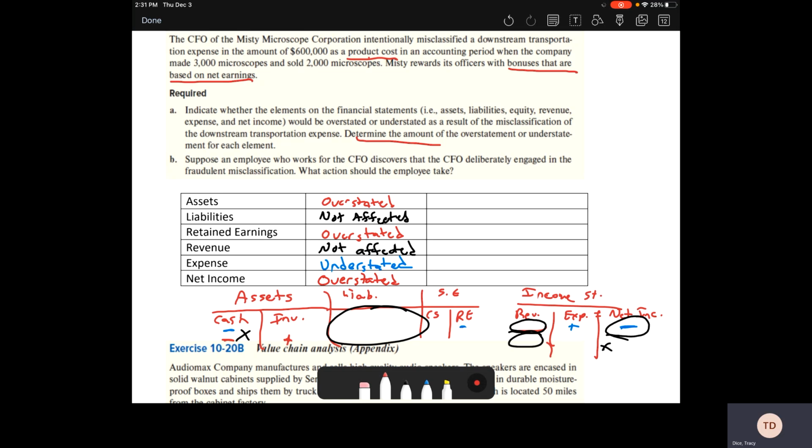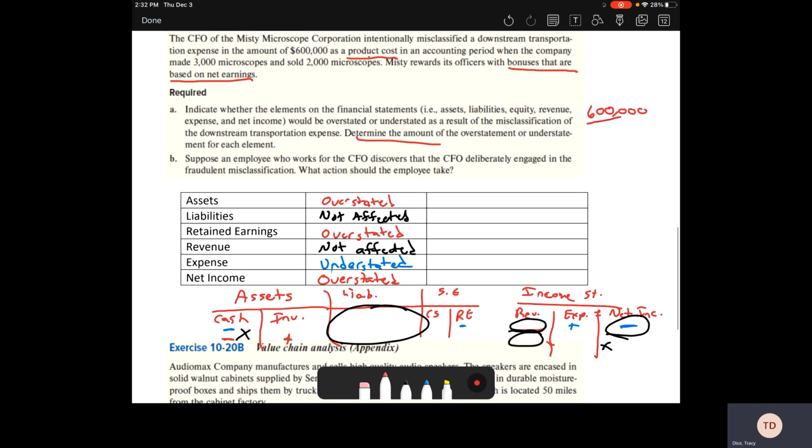So the first thing we need to look at is we have $600,000 worth of expenses that were misclassified. Because they were misclassified as a product cost, we know that they went into inventory. So that's going to be split amongst our entire inventory, because it's later expensed as cost of goods sold.